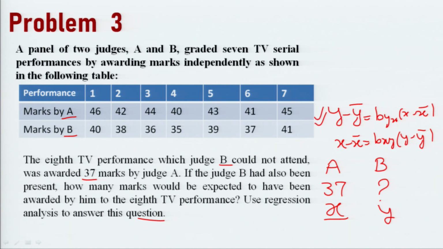If we choose A is y and B is x, that means y is independent and x is dependent. We use x minus x bar. It is our choice which regression equation we use. Here we use the regression line of y on x.